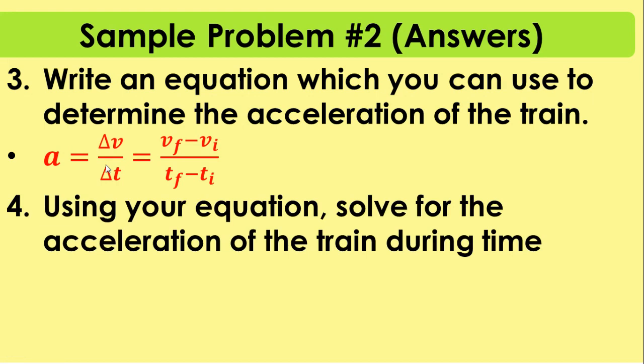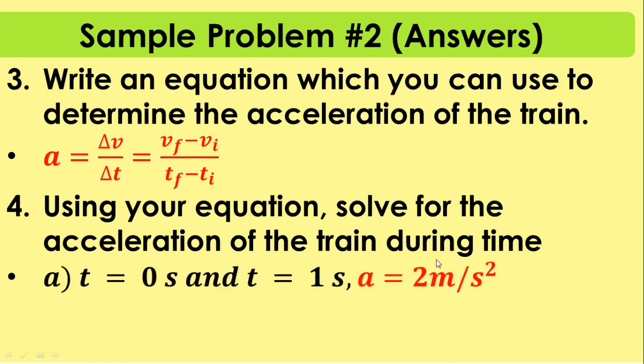Now, using your equation, solve for the acceleration of the train during the time intervals. Now, for time interval 0 to 1 second, the acceleration is 2 meters per second squared. Now, paano po natin to na-calculate? Kukunin lang po natin yung velocity for 0 seconds and the velocity for 1 second. So that gives us the acceleration of 2 meters per second squared.